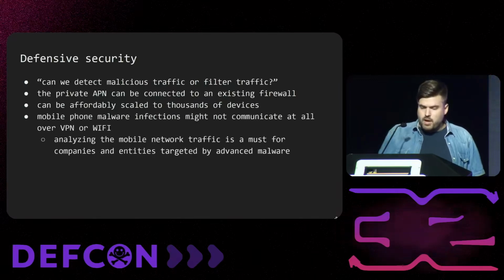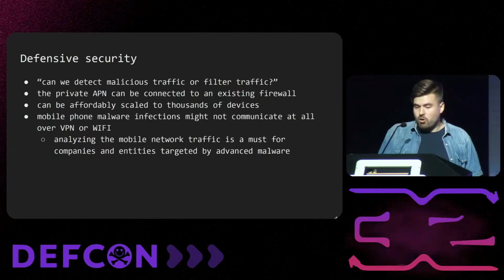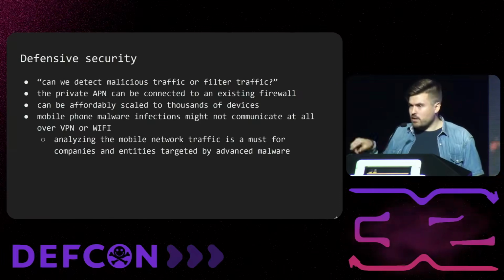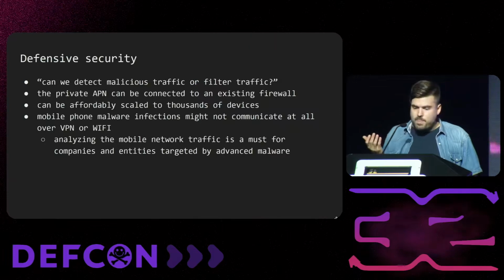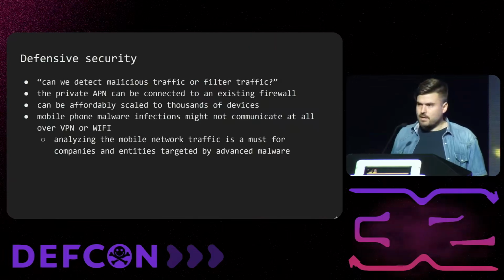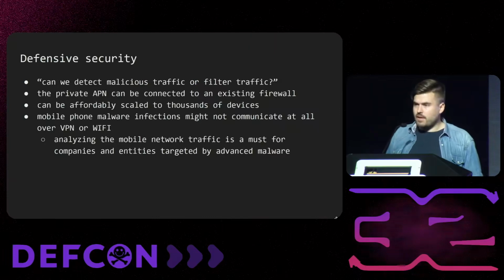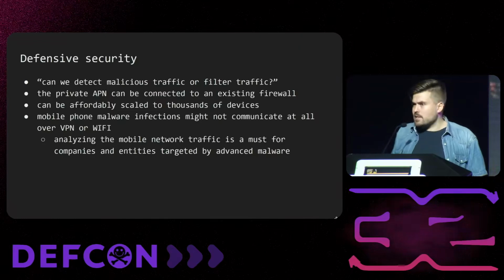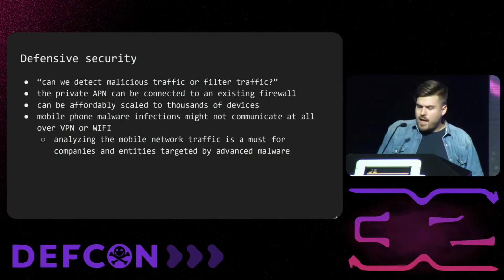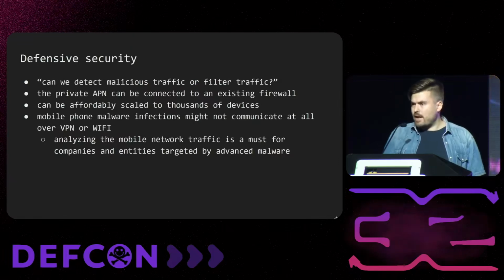And mobile phone malware infections might not communicate at all over Wi-Fi or VPN. There was this hack, Triangulation or something, and they said that when they noticed the hack, they were looking at the Wi-Fi traffic at their office, and they noticed that some of the phones were sending things to some C2 servers. They also analyzed the malware, and the malware had properties to detect if it's being run over Wi-Fi or VPN and not do it.